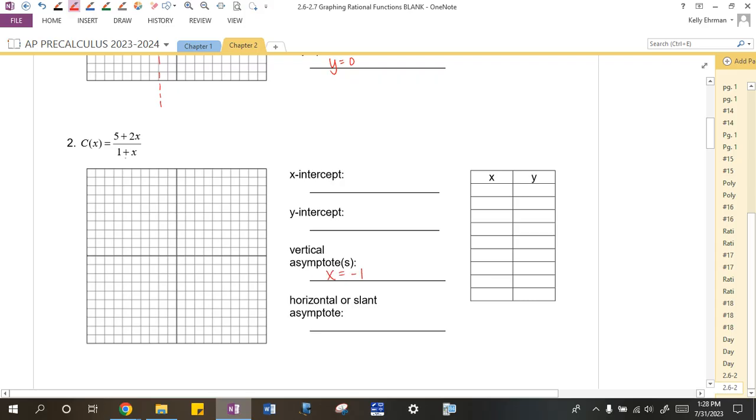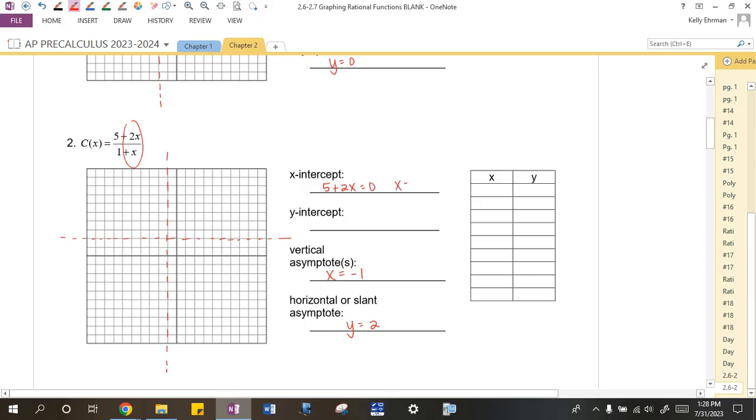X equals -1 is the vertical asymptote. This is a tie. So y equals 2 over 1, y equals 2 is the horizontal asymptote. I like to sketch those in first, and then I like to do the intercepts. So 5 plus 2x would be equal to 0 for the x-intercept.